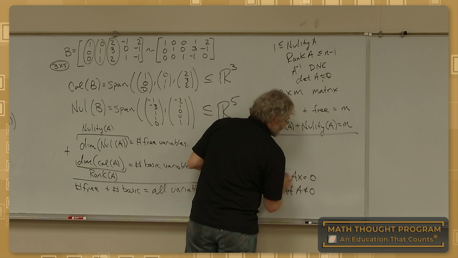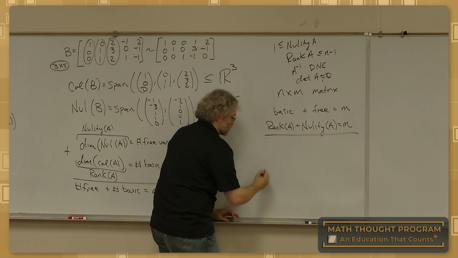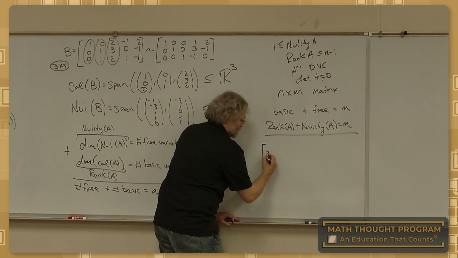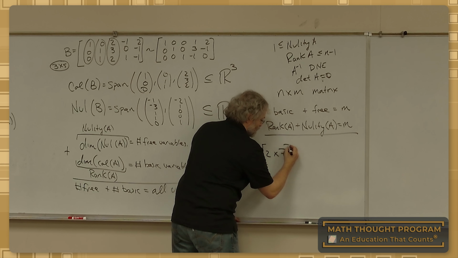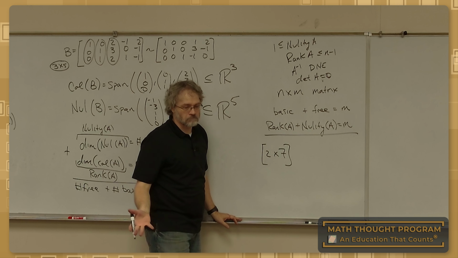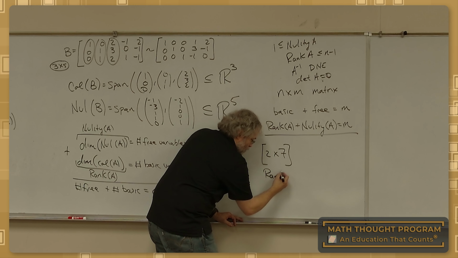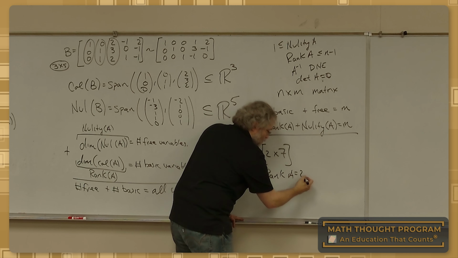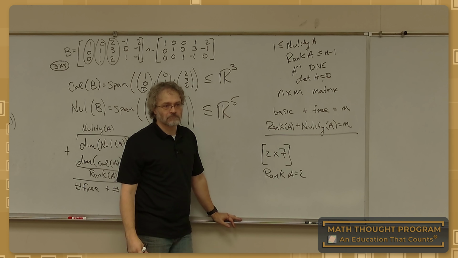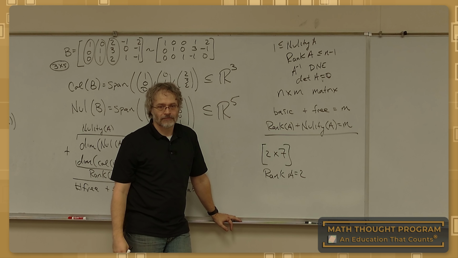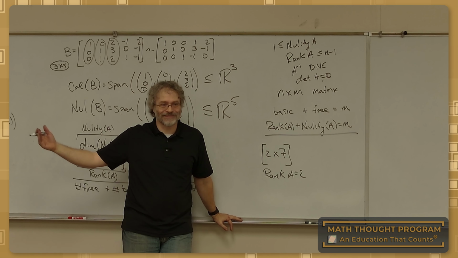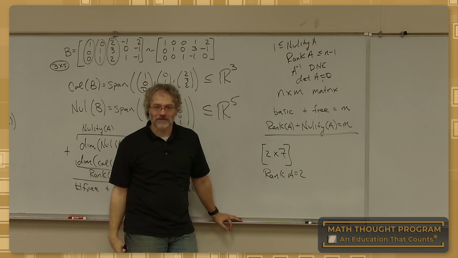One way of how I can state this is I can say, suppose you have a matrix by 7 matrix. And let's say it has rank 2. What's the nullity? 7 minus 2. 5. Okay, not too bad.